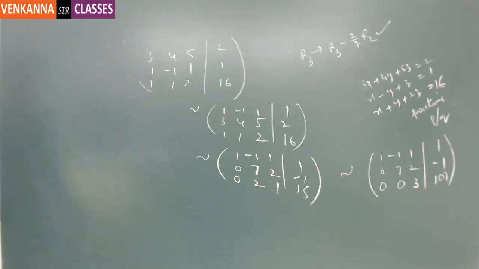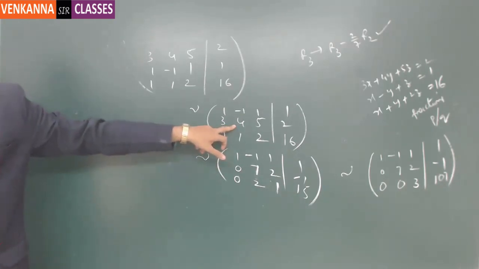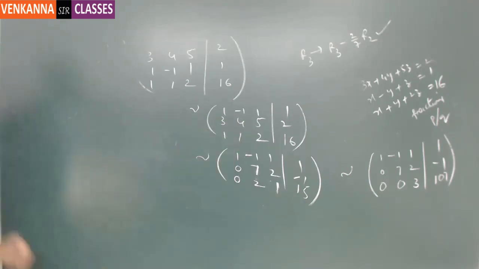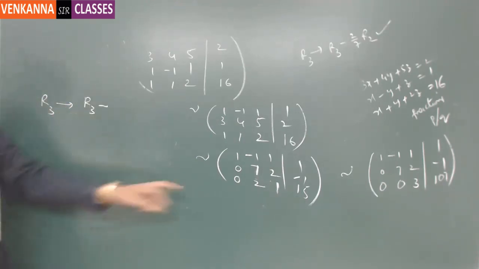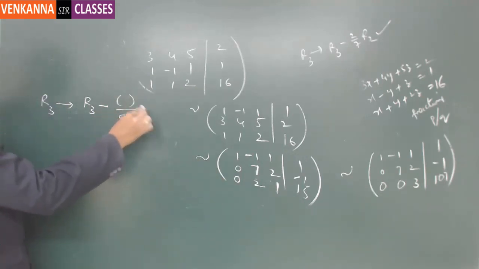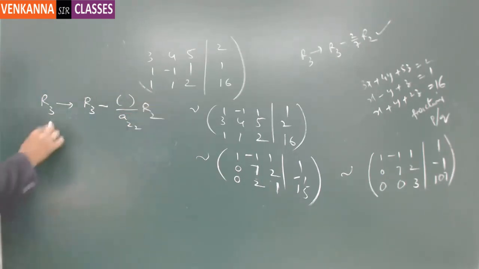if you want to write a computer program, what we are going to do? We check whether the diagonal element is 0 or non-zero. So first we do like this. If it is non-zero, then division with this element is possible since it is A22. So you are going to say that R3 tends to R3 minus what the element is there divided with A22 into R2.